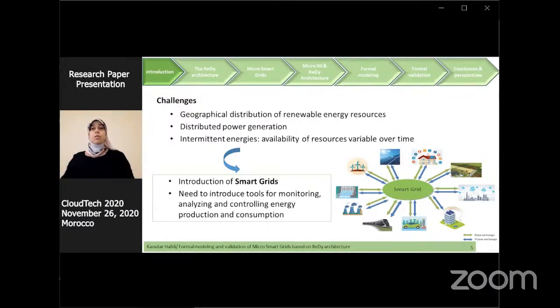Taking into account this new configuration of the power grid, the concept of smart grids is introduced. These smart grids integrate a data network in parallel with the traditional electricity distribution network and offer tools for monitoring, analyzing, and controlling energy production and consumption in the power grid.